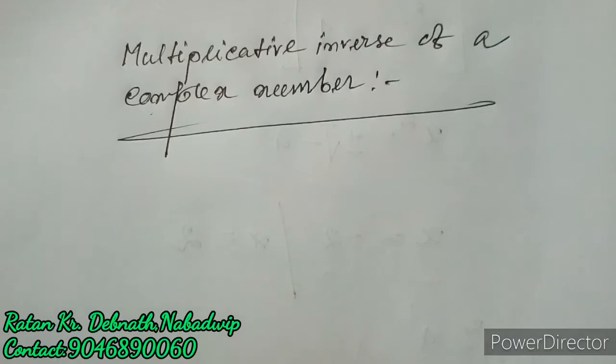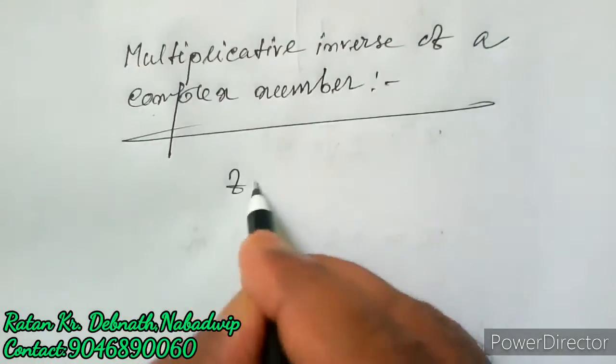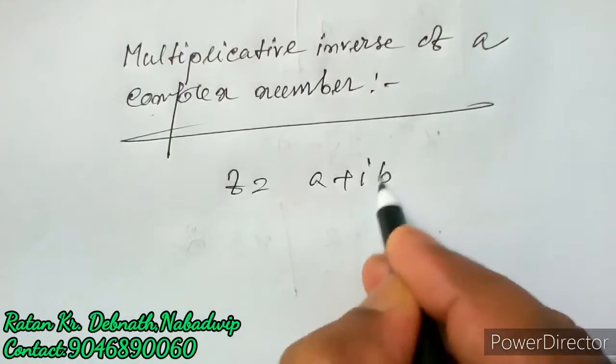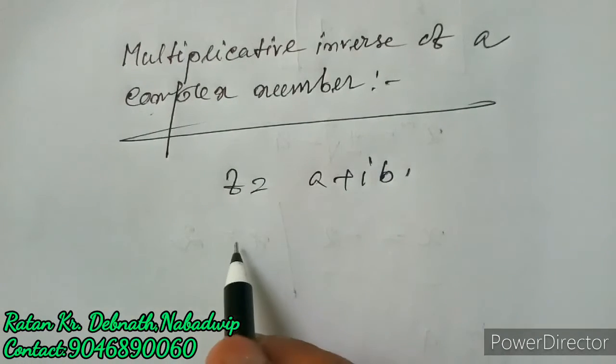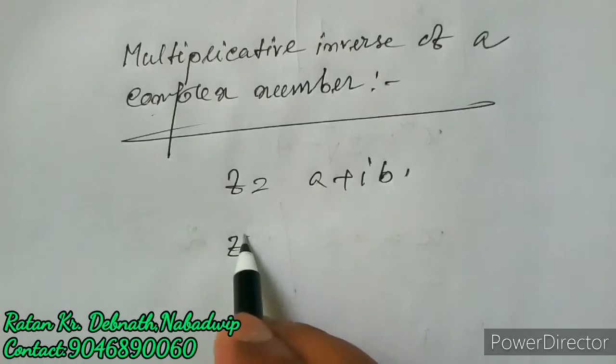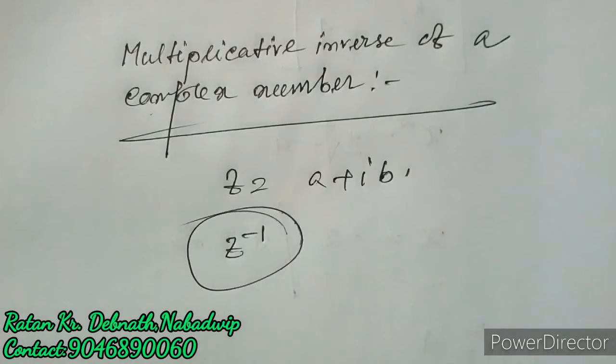For any complex number z equal to a plus ib, you will get another complex number z inverse. The product of z and z inverse must be 1.